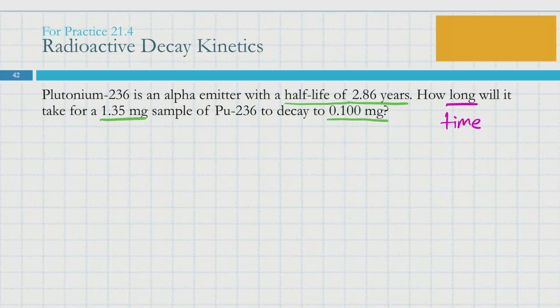Our relevant equations: natural log of concentration at time t over concentration at time 0 equals negative kt, and t1/2 equals the natural log of 2, if I'm remembering correctly, over k. I'll give you a little bit of time to give that a shot.